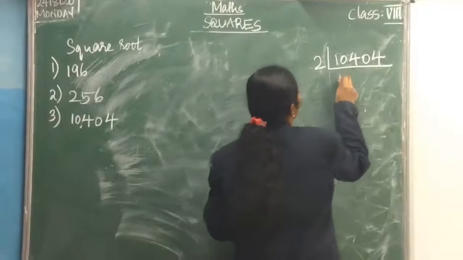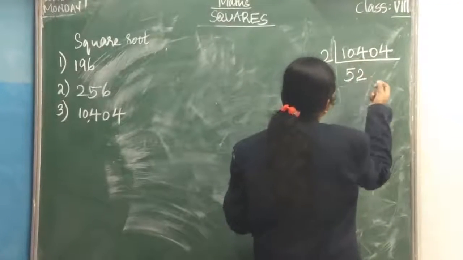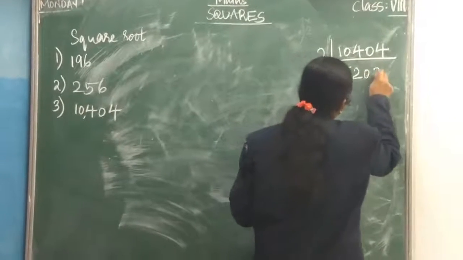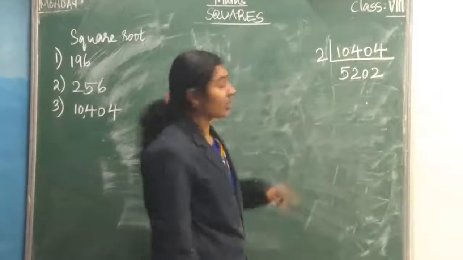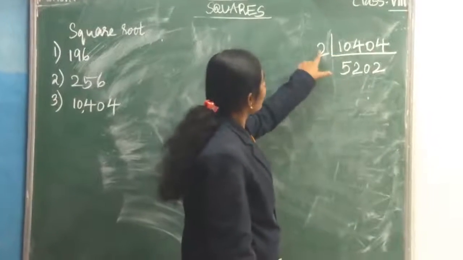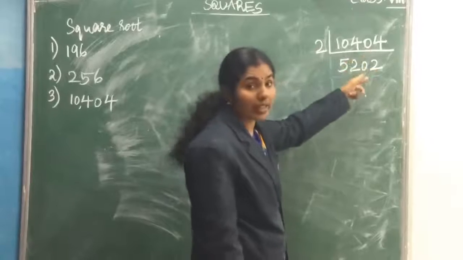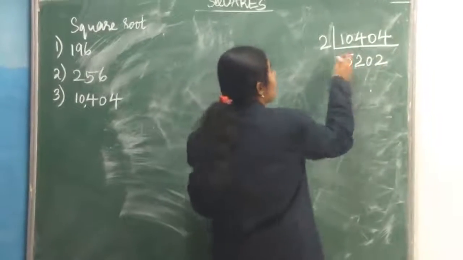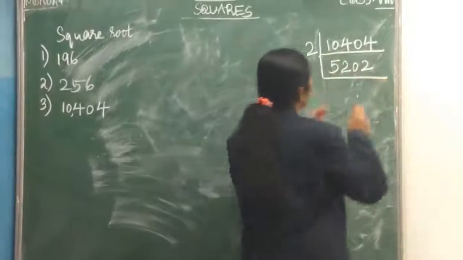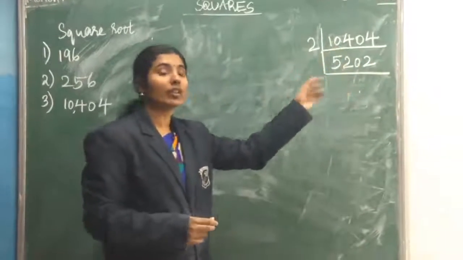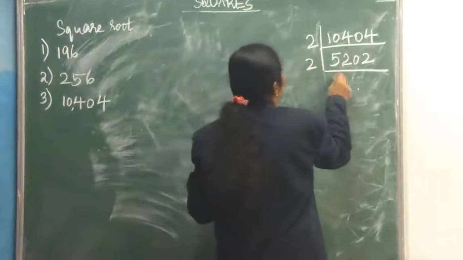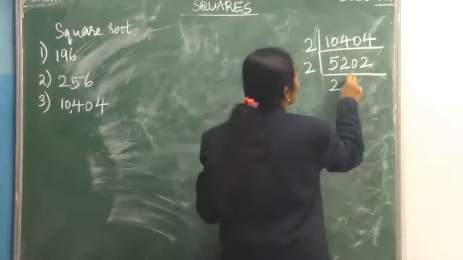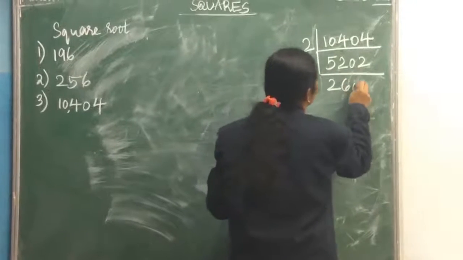So what do we get? 5202. Isn't it? 2 5s are 10. 2 2s are 4. Then again write down 0. 2 2s are 4. See, this one is an even number. 5,202 is an even number, divided by 2. 2 2s are 6.